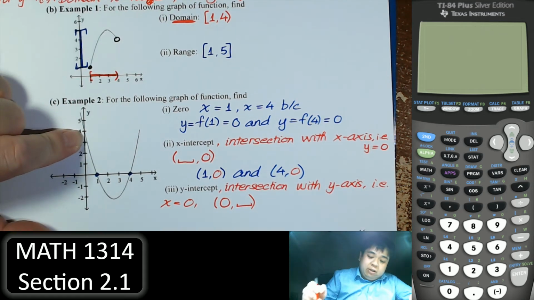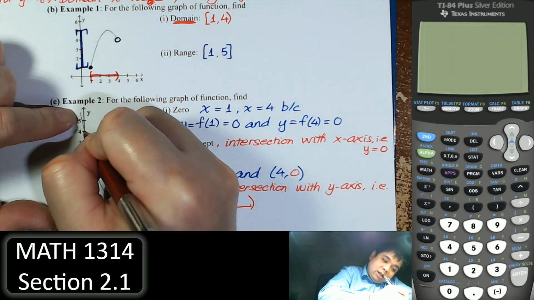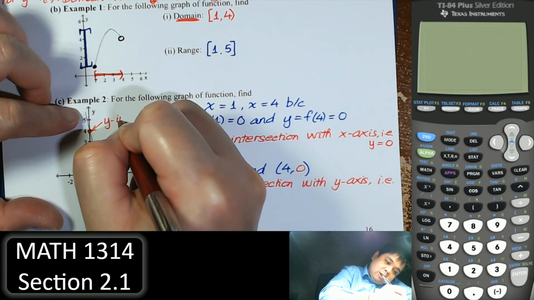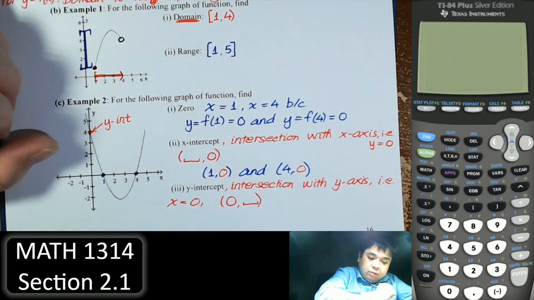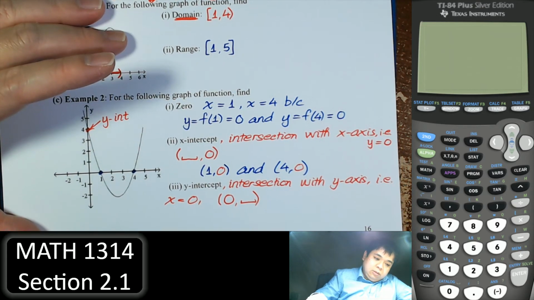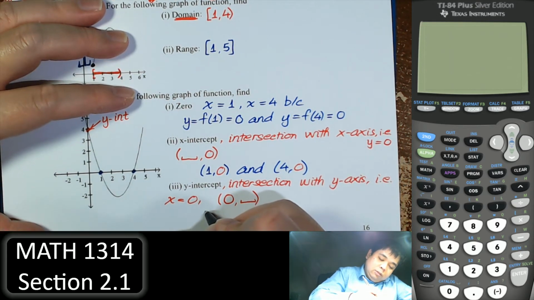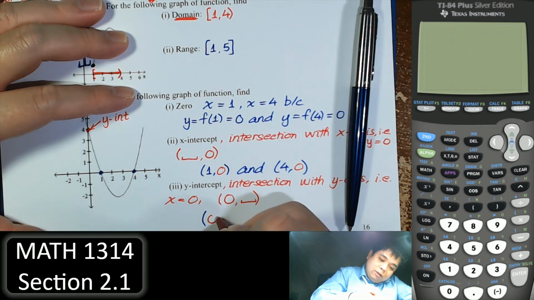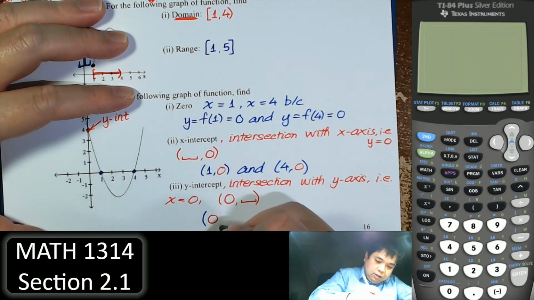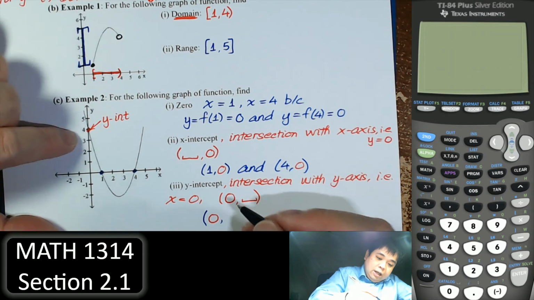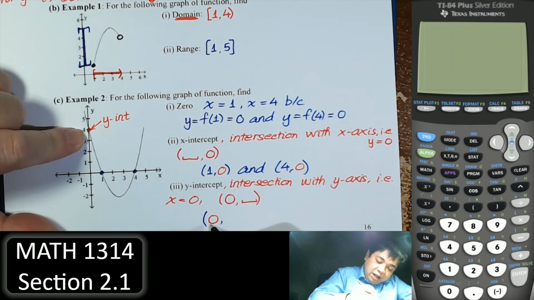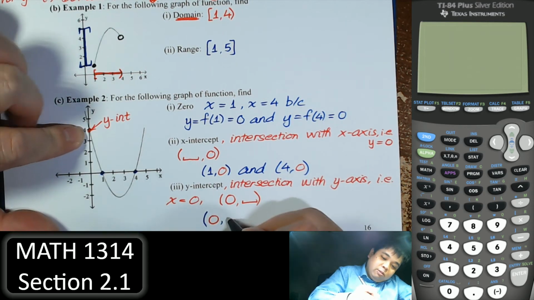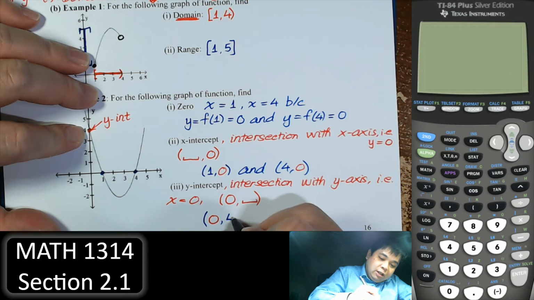So this is the y-intercept. At 0 for the x value, and 4 for the y value.